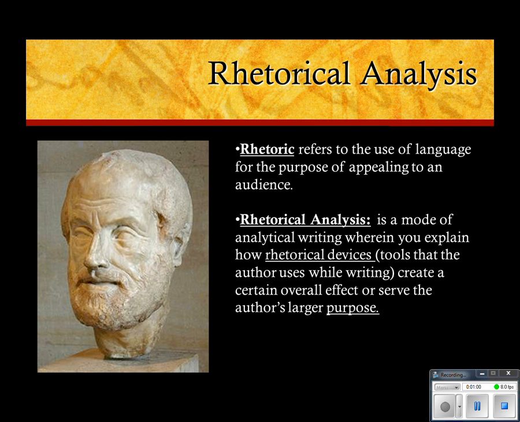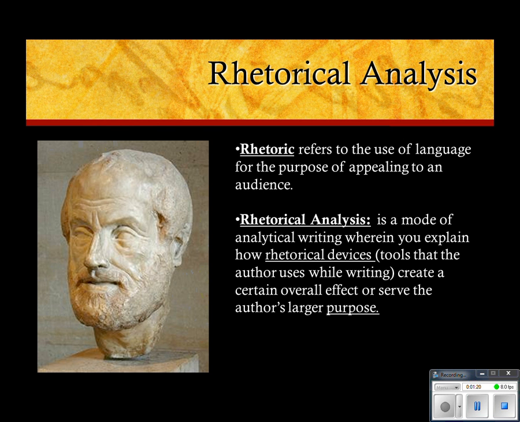A lot of people would say that's just rhetoric. But in the classical definition, the word rhetoric means the use of language for the purpose of appealing to an audience. Aristotle said that rhetoric is the use of all the available means of persuasion.